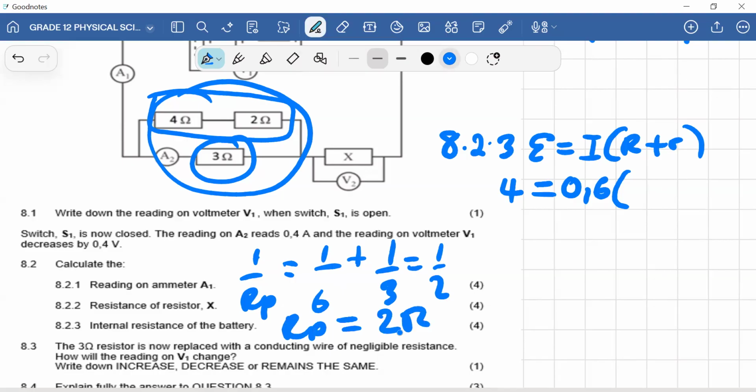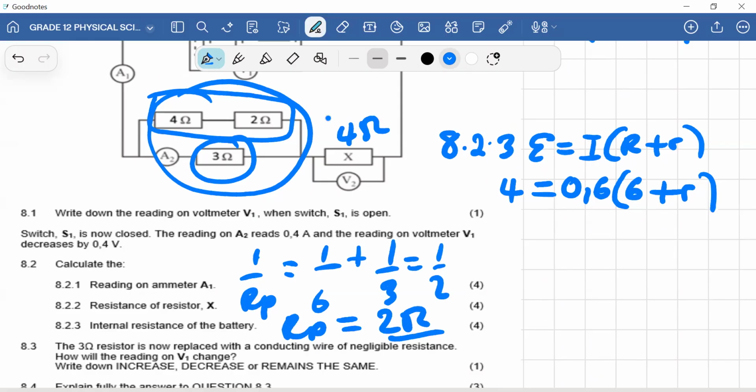So that means the total external resistance is going to be 2 ohm plus the 4 ohm that we got this side, which is going to give us 6 plus r. Now all we have to do is divide 4 by 0.6 and then subtract this from that.